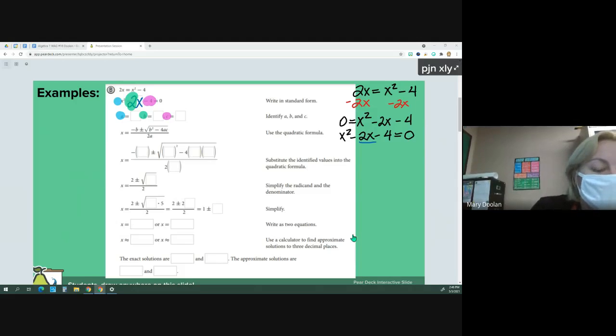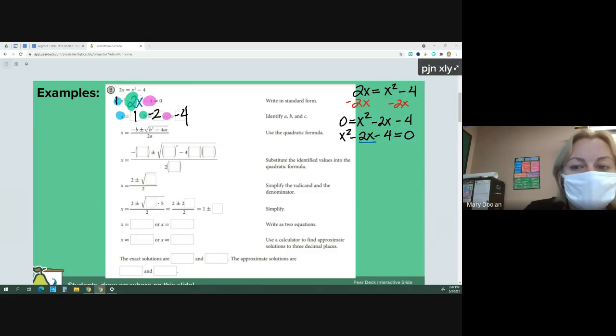Remember, if you don't see a number there, there is an invisible 1. Okay, so A is just 1. B is -2. And C is -4. So we just identified A, B, and C.